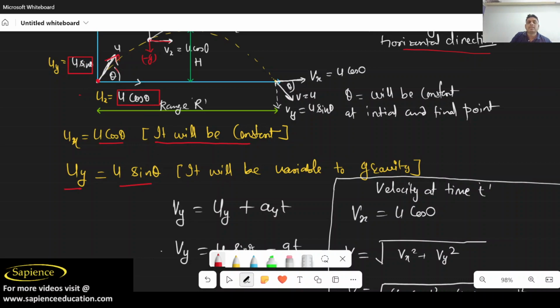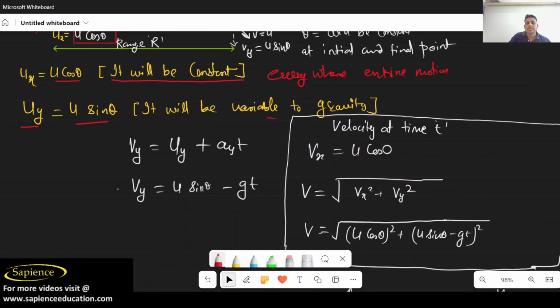So ux will be constant everywhere in the entire motion. Yes or no? But what will be variable? Vy, starting from u sin theta, will be variable due to gravity.